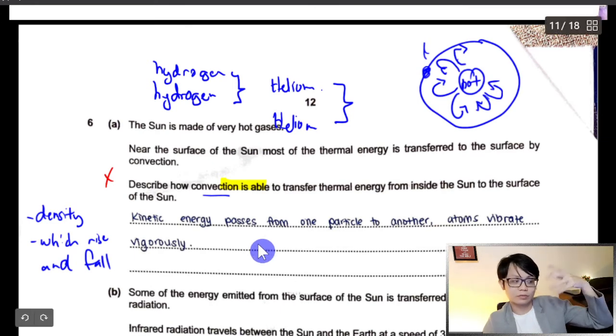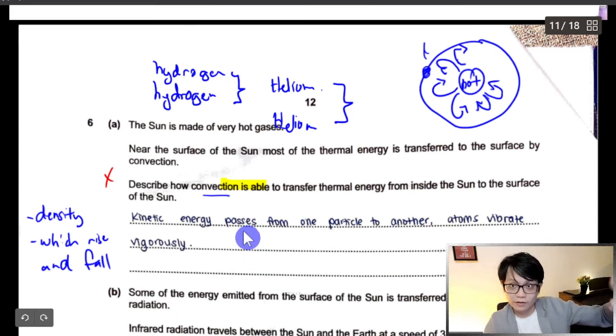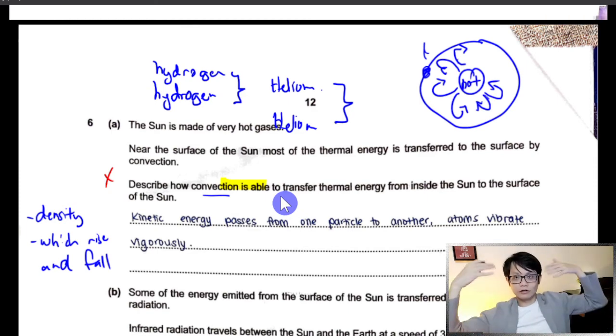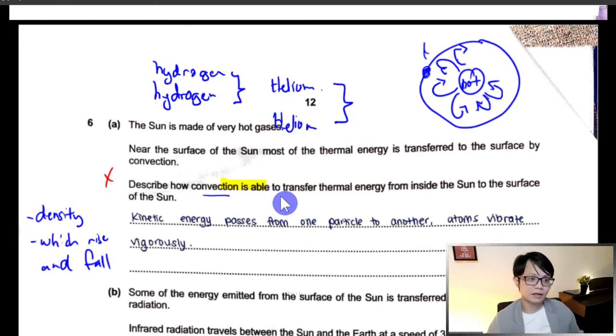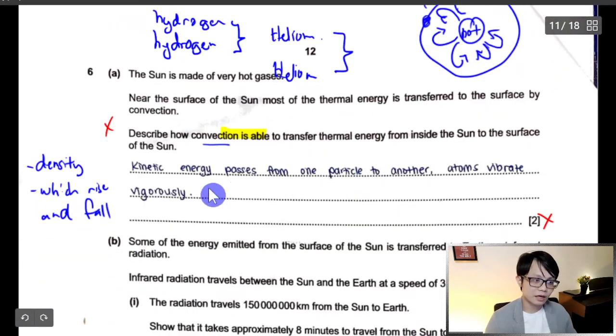So that is why you want to put the aircon on top of your house rather than on the floor. If you put it on the floor, then only the floor will be cold. When you stand up, you feel that your leg is cold but your body is hot, so it doesn't really do anything. So the keywords will be density and rise and fall.